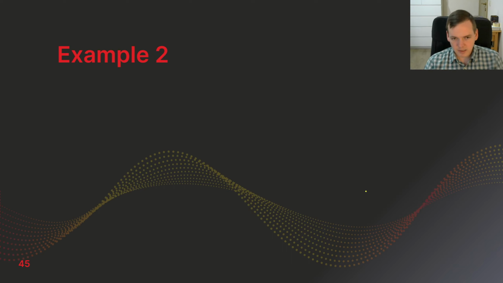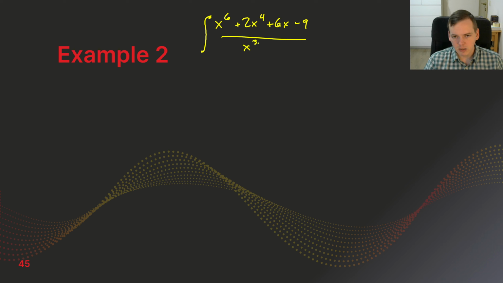For our second example, we had x to the 6th plus 2x to the 4th plus 6x minus 9 divided by x cubed plus 3.